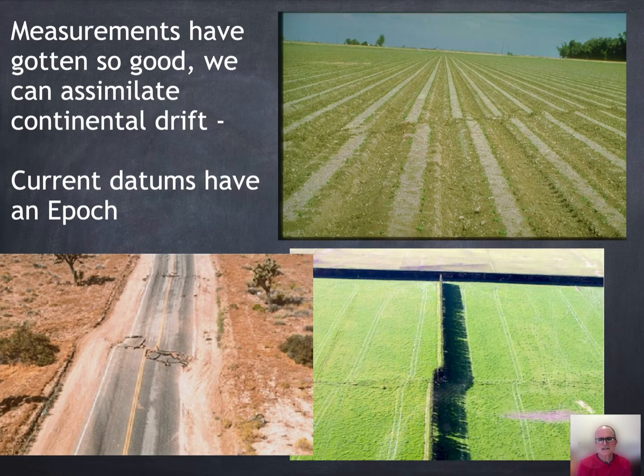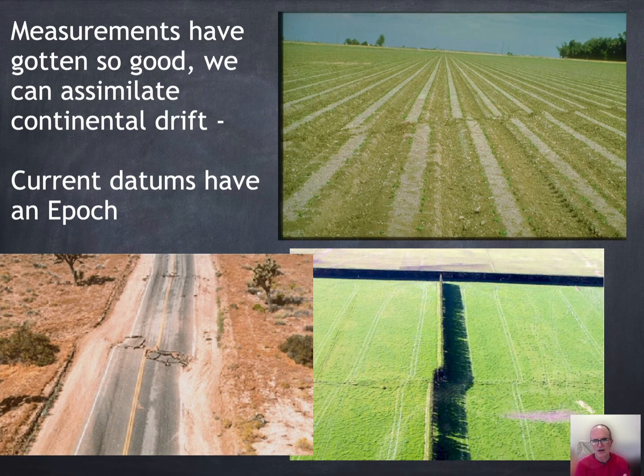But with this system, we can now measure in real time the velocity of continents, how much things are moving, both as they move slowly day in and day out, and then when there are earthquakes and things shift a bunch along a plate line. So we're switching from having these rapidly updated datums, we just finally have given in, and the next datum update is just going to be a time-dependent datum.